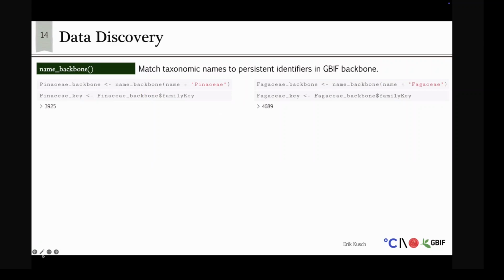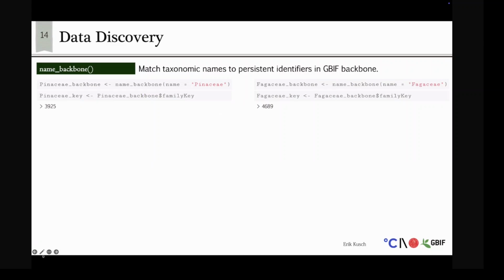In our case, 3925 for Pinaceae and 4689 for Fagaceae. For species, these keys will be a lot longer because there's a lot more species. These are numbered from top of the taxonomic rank down to the lower rungs like species, with Animalia and Plantae, I think, taking 1 or 2 respectively.